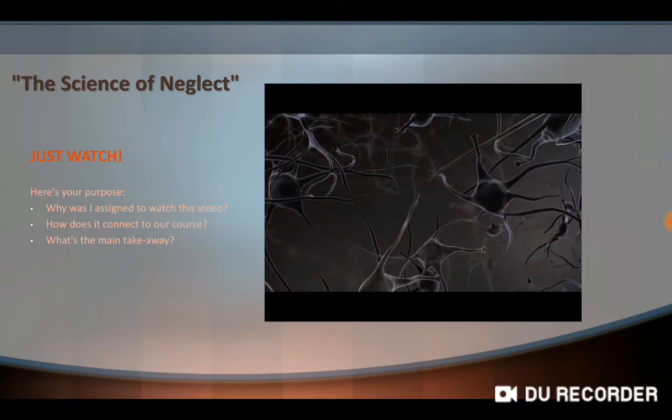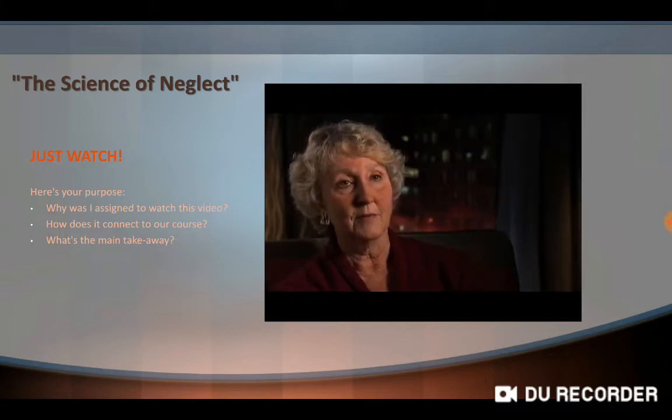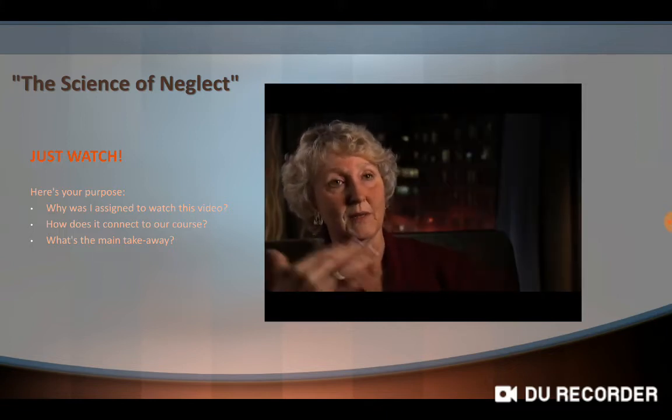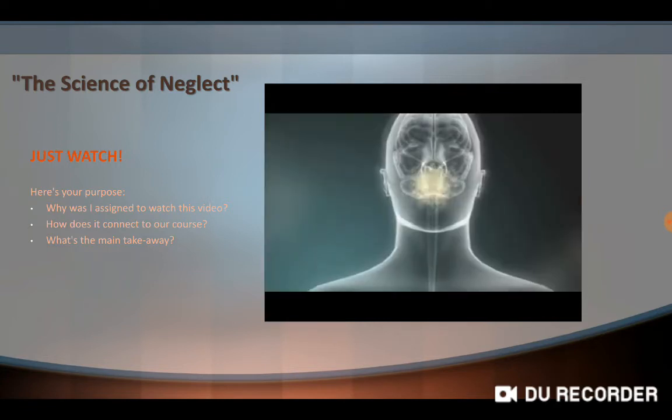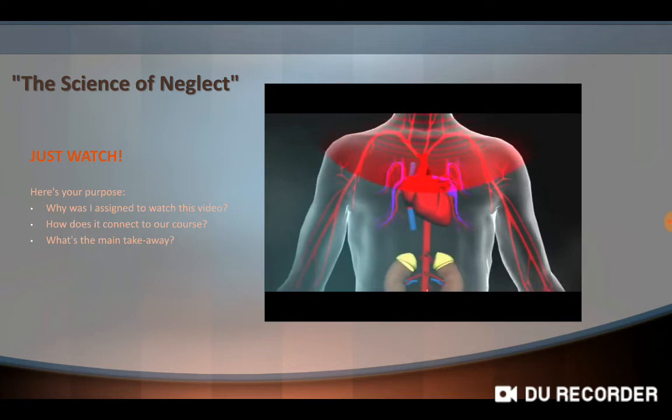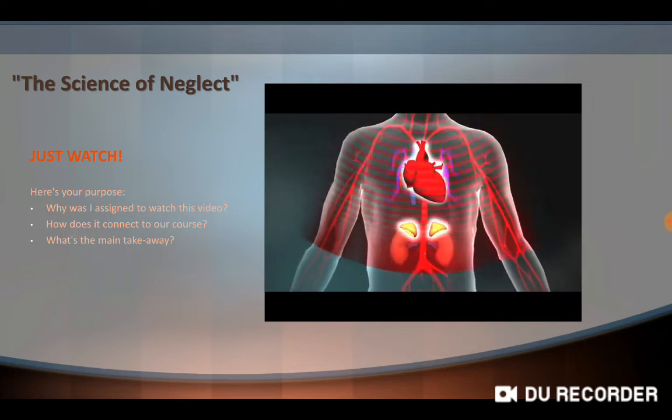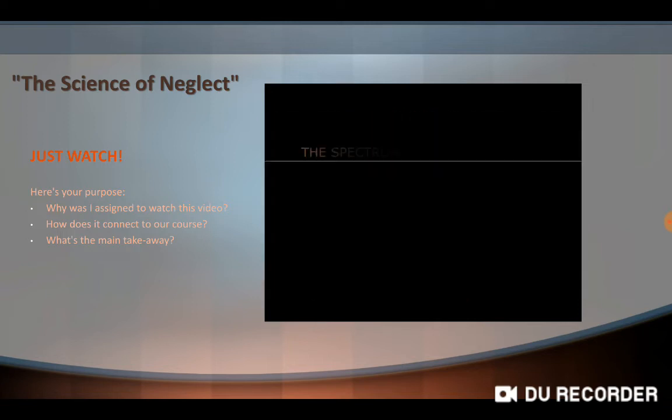So neglect both fails to provide the stimulation that's needed to develop the basic architecture, and when it's at a certain level, is one of the most potent activators of the stress biology of a young child. So you get a double whammy.